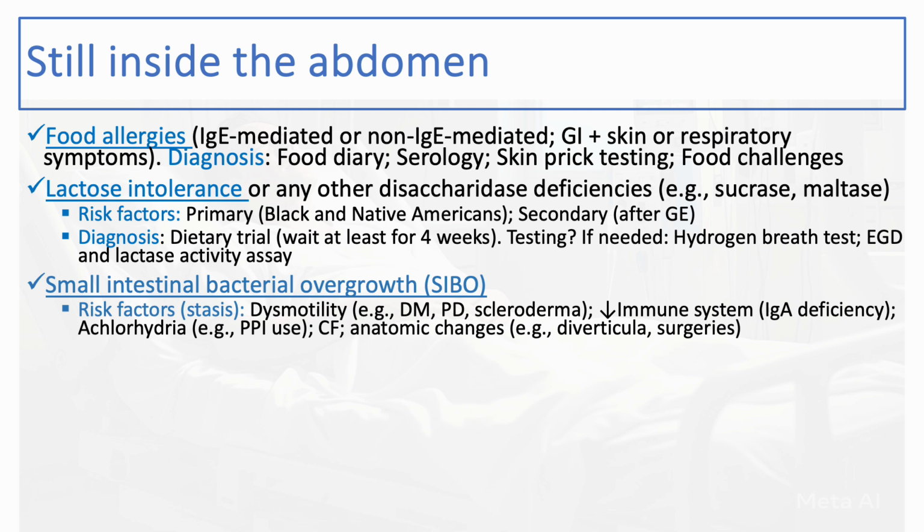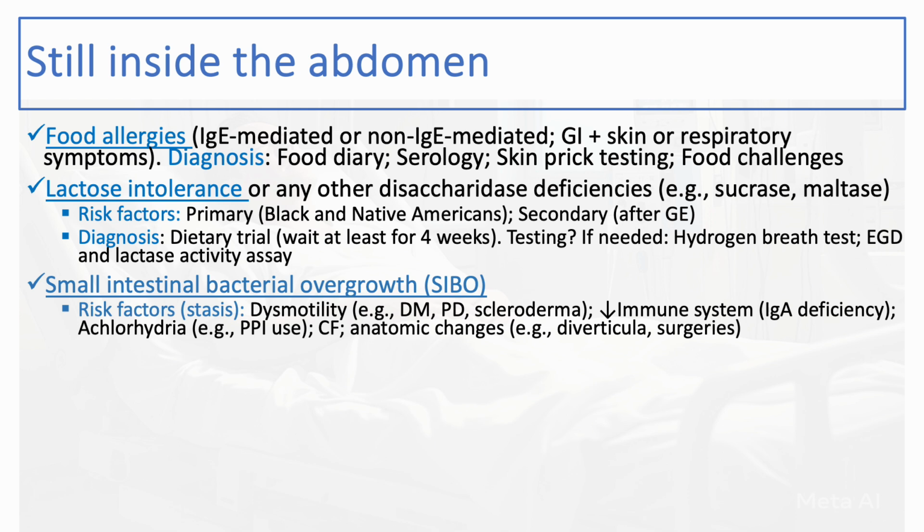Just think of any disorder that can slow the motility or the movement inside the small bowel or the intestine, including dysmotility disorders, of course, diabetic neuropathy is a common one, Parkinson's disease, scleroderma, any cause of a diffuse immune system problem like IgA deficiency, achlorhydria, decreased acidity in the stomach from any cause, including use of PPI, which is very common, cystic fibrosis, some anatomical changes in the intestine, like after GI surgery or presence of multiple diverticuli.